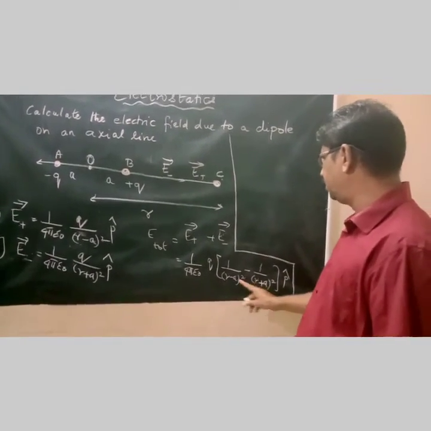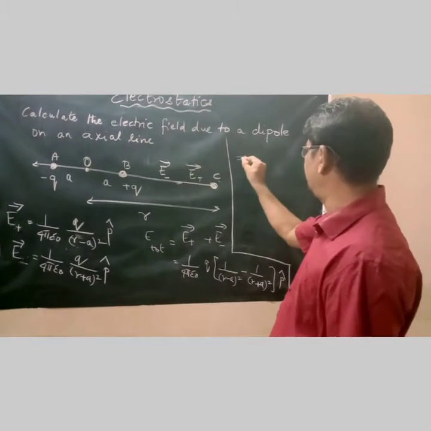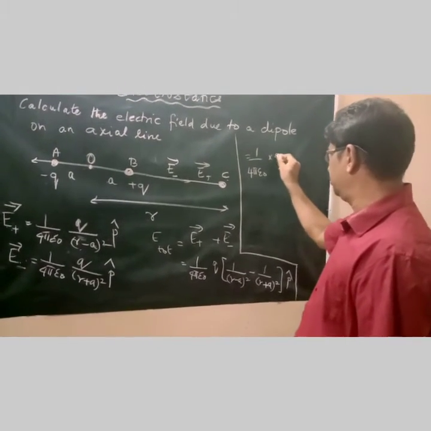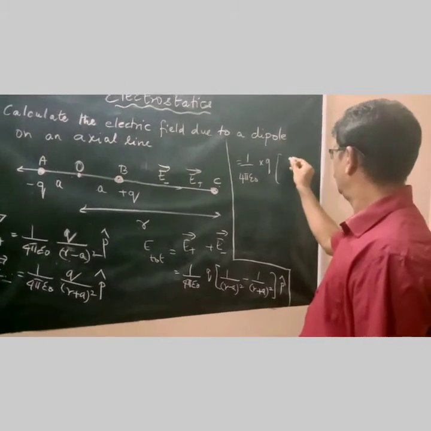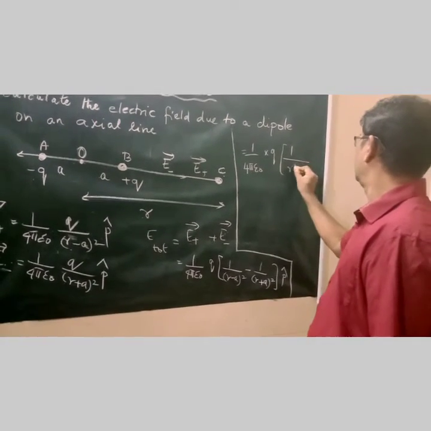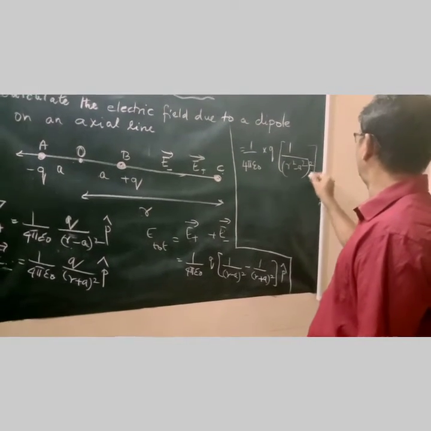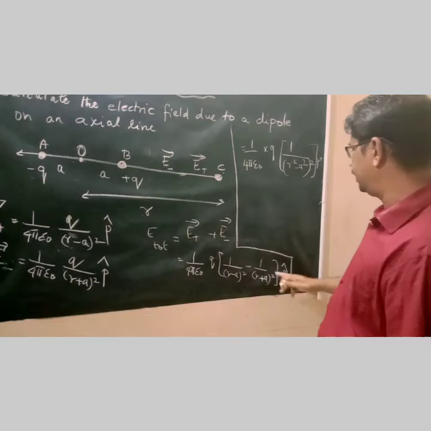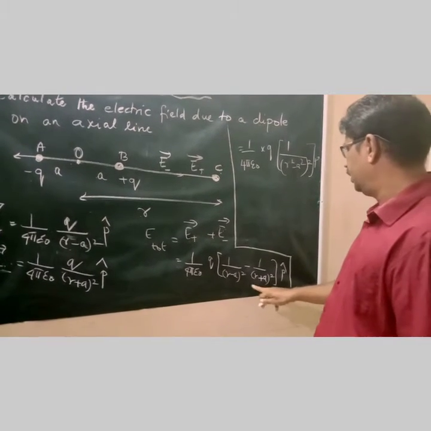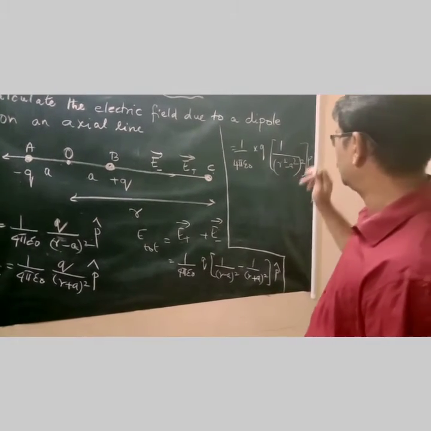Using the formula for a square minus b square, we can simplify this to 1 by 4 pi epsilon naught into Q into 4Ra by R square minus a square the whole square into P.